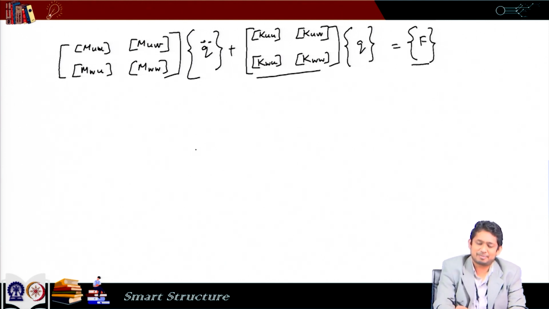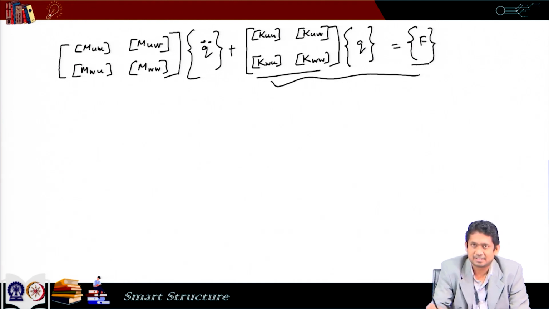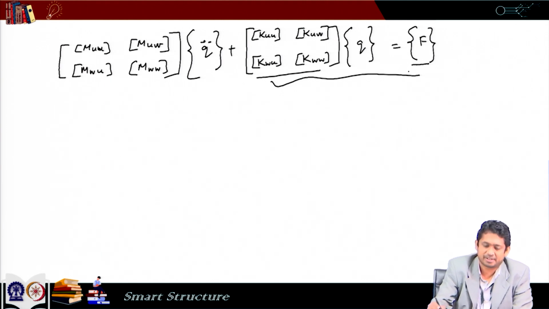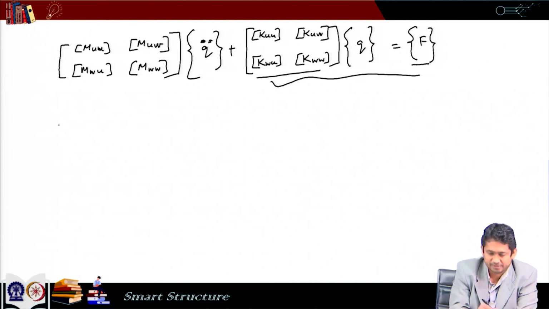While solving the static problem, we got this system, a set of linear simultaneous algebraic equations, and again because it is a dynamic problem we get an inertia term. So, it becomes a set of coupled ordinary differential equations.